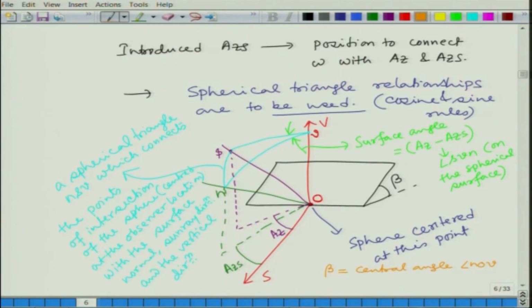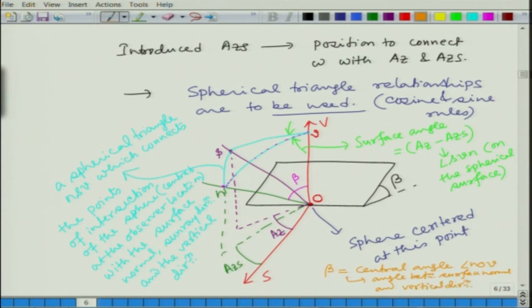This is the line making a central angle between N, O and V, and this angle is beta, because it is the angle between the surface normal and the vertical direction.